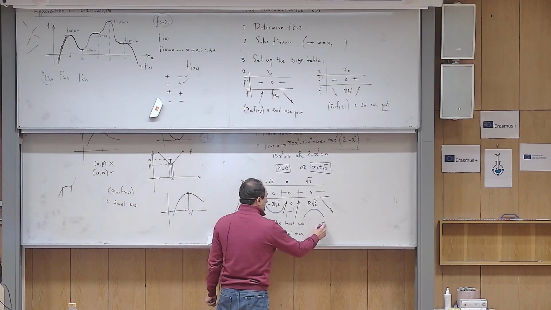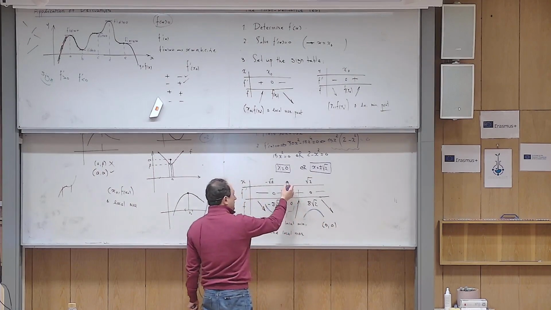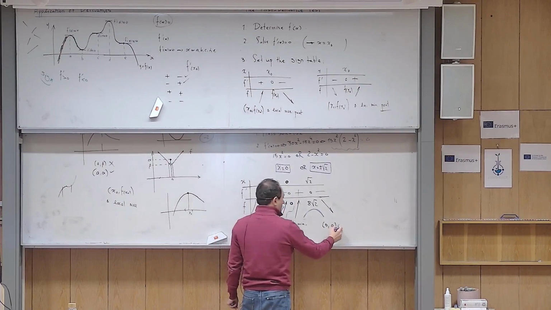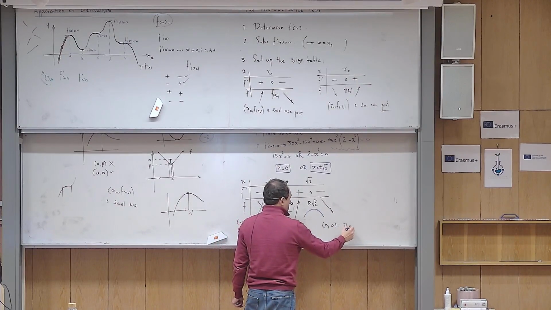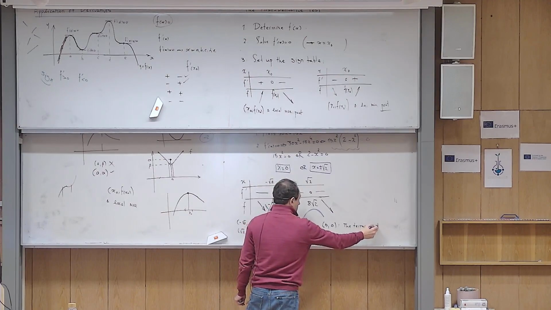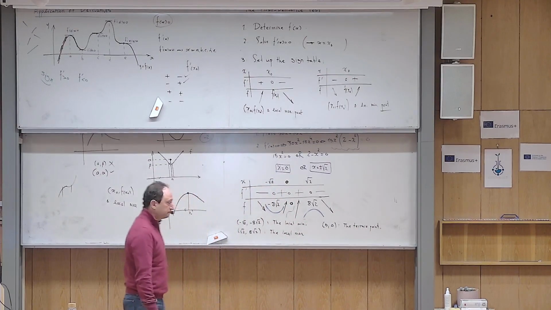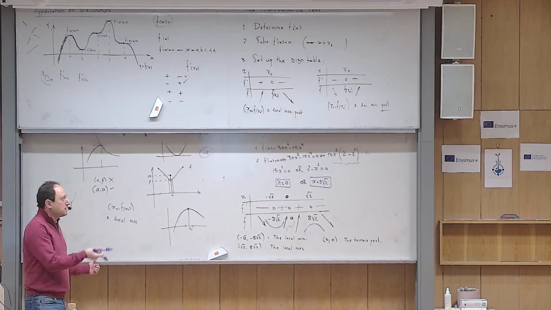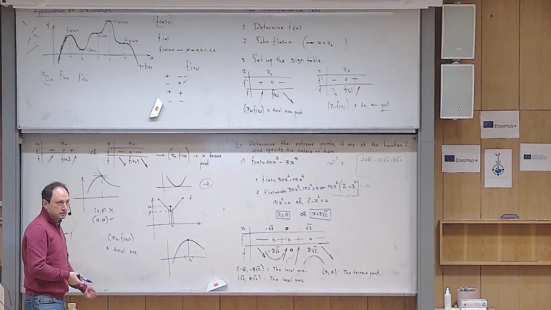And then 0 and 0, which is the origin, you see this point and that point, is the terrace point. Yes? Understandable? So this is the essence of the first derivative test.